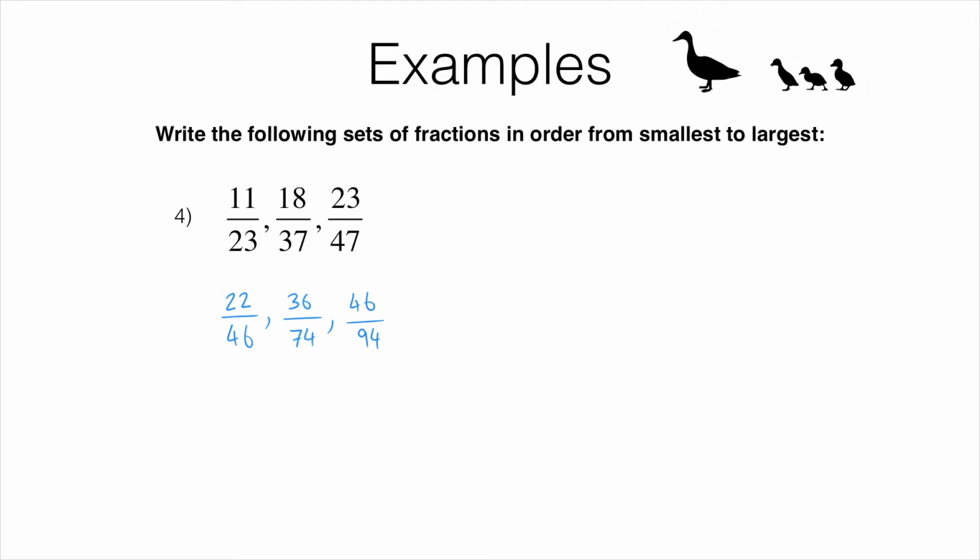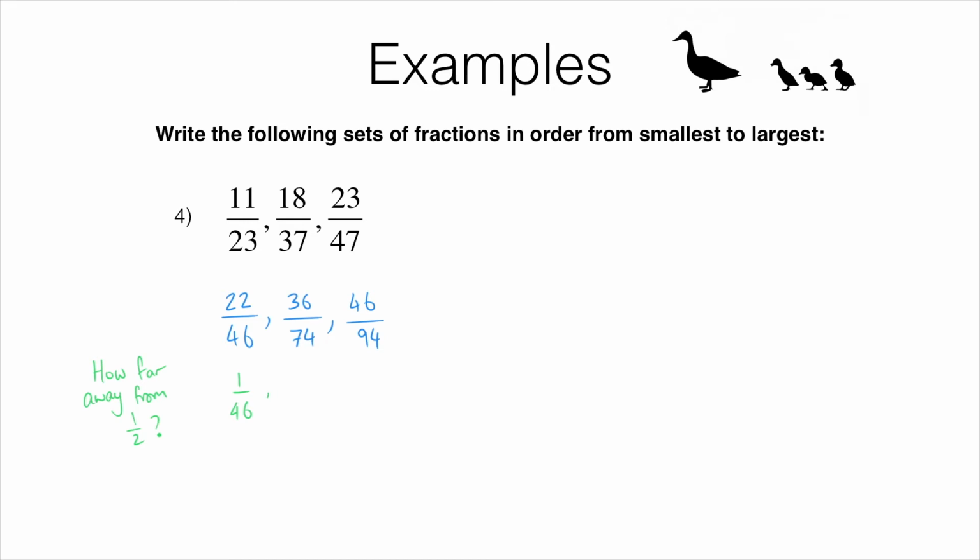And how close are these fractions to a half? What I'm going to write in green is how much we need to add on to get to a half. We know that 23 46ths would be a half. 23 is half of 46. So you need to add on one more 46th to get to a half from this fraction, 11 over 23.